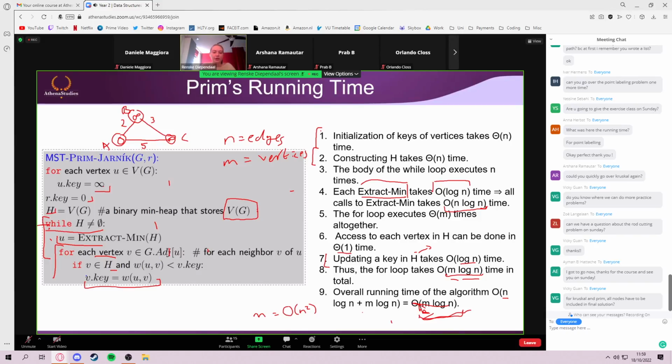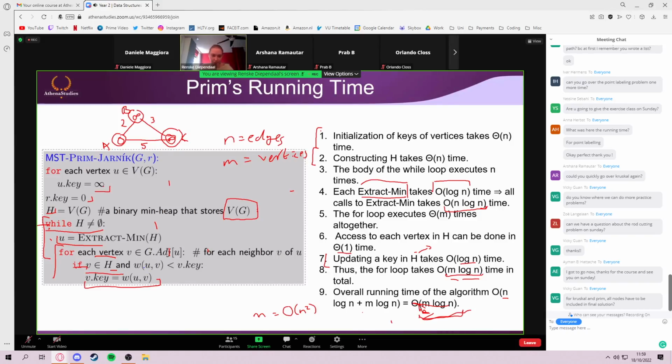And then for each vertex V, we're going to adjust the value that we have in there, the infinity, for each neighbor of this U. For each neighbor, we reconsider the value, but only for the vertices that are still not used.